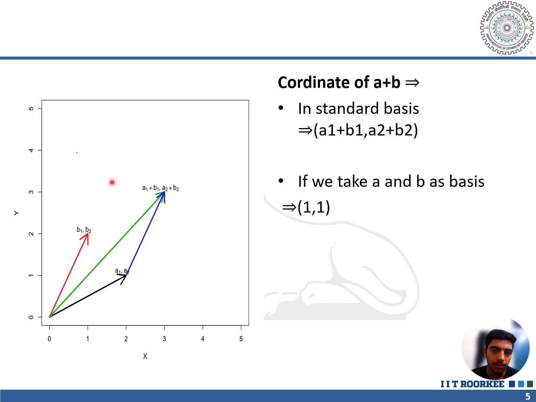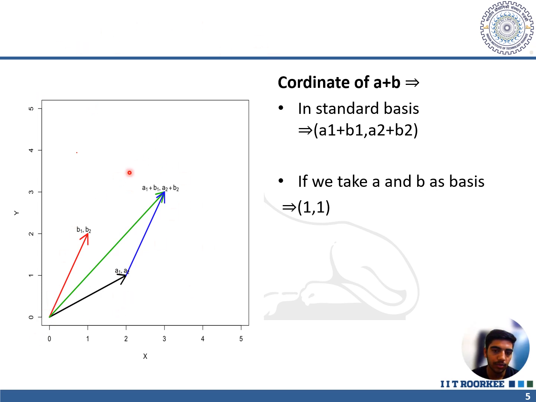So what will happen if we change our basis? If we do not take the basis along the x-axis and y-axis, and instead take the basis as a and b, these two are linearly independent, and we can span the entire space R2 using these two vectors.